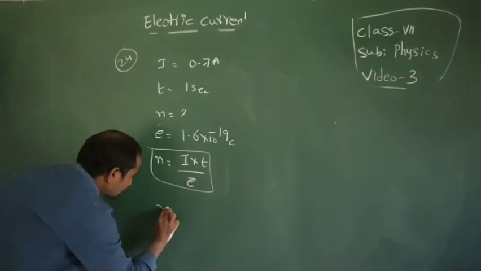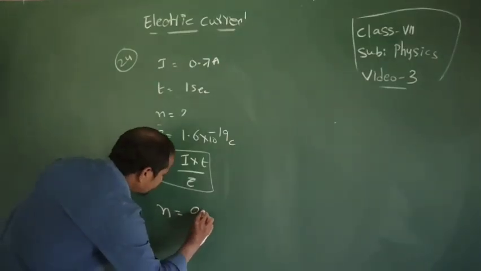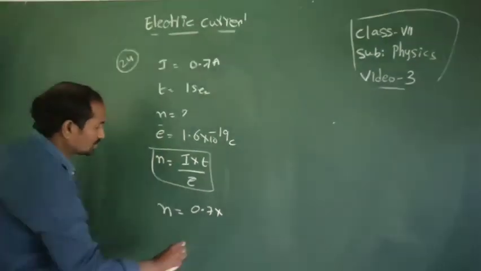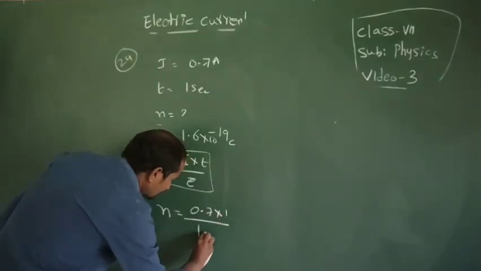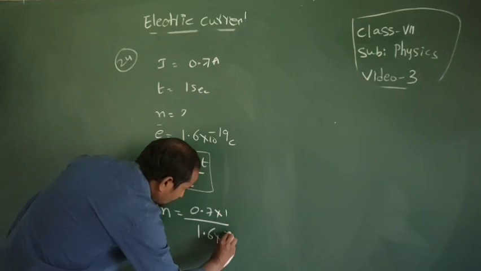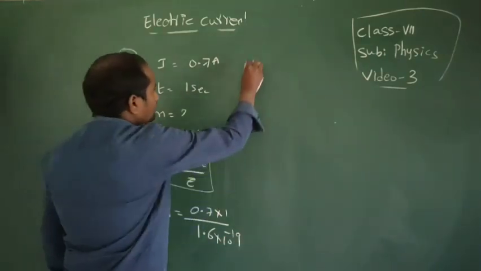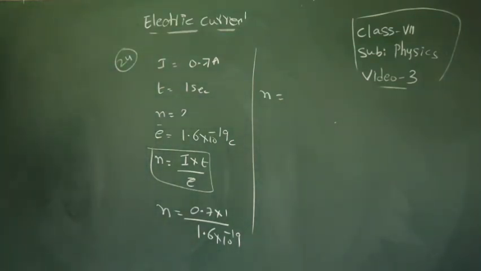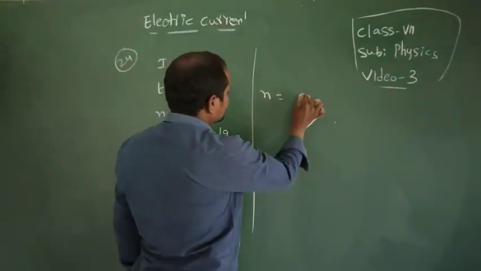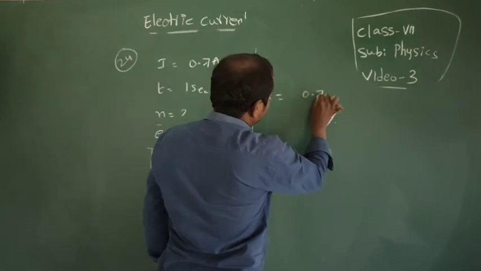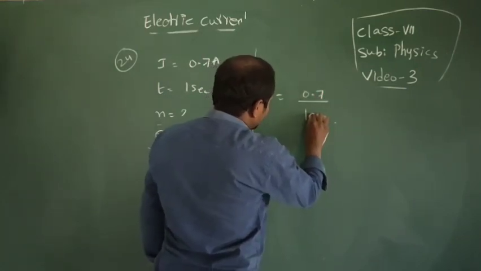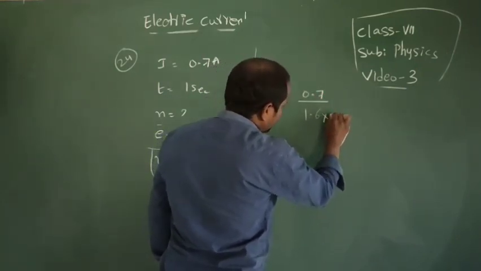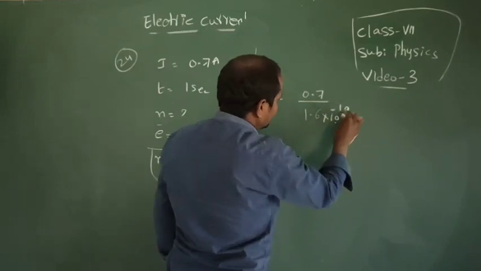So here N equal to 0.7 into 1 by 1.6 into 10 power minus 19. 0.7 into 1, 0.7. So that equal to 0.7 by 1.6 into 10 power minus 19.